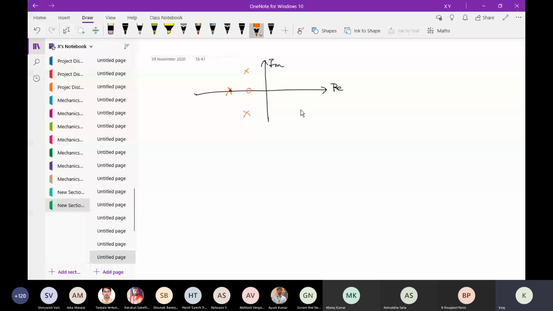The moment I cross this, I have 1, 0, which is now to my right. So the root locus exists here, and the moment I move here, well, there are 2 and this goes on till infinity. So this is the part of the root locus that we can draw straight away.